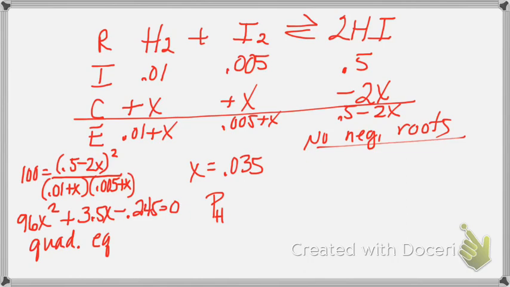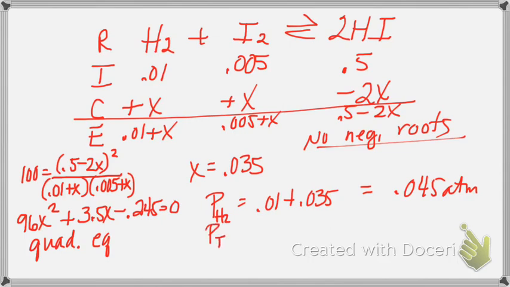So the partial pressure of hydrogen is going to be 0.01 plus 0.035. So 0.045 atmosphere. Partial pressure of iodine, 0.005 plus 0.035. And I know this seems tedious, but you better show it, or they won't give you credit. Show what you're doing.